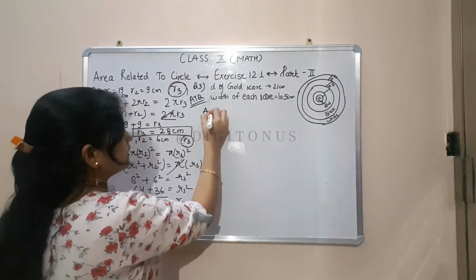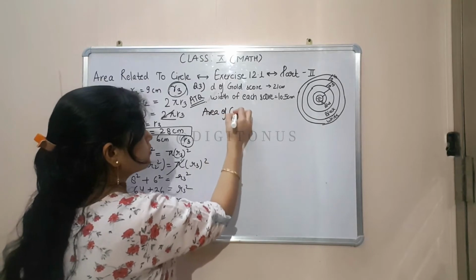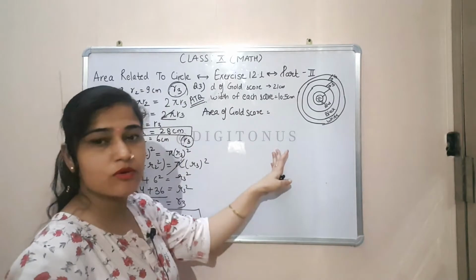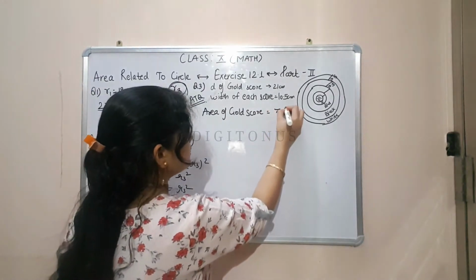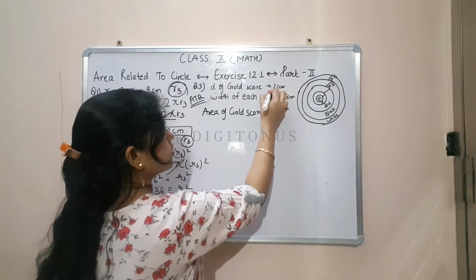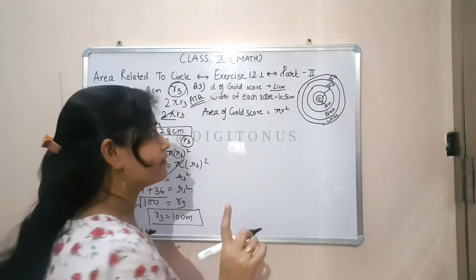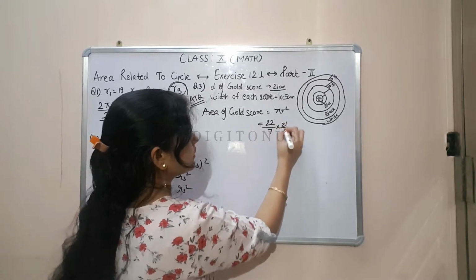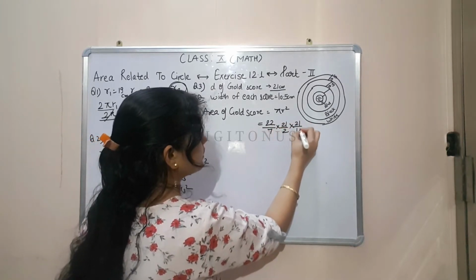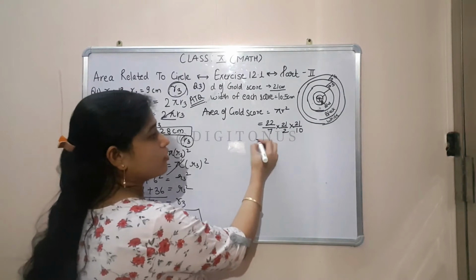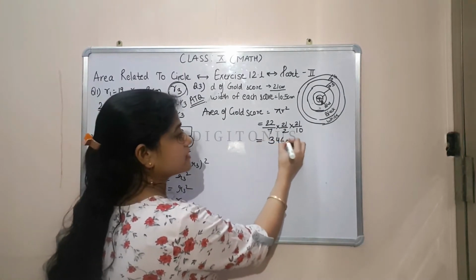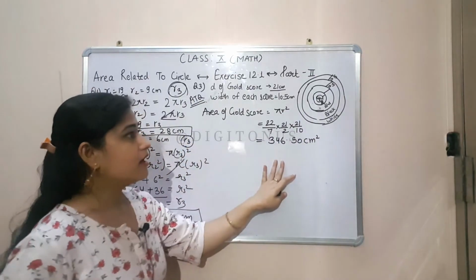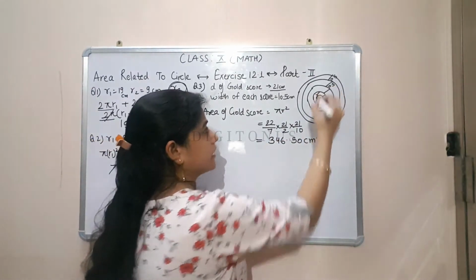So first we write the area of the gold score, and this is in the form of a circle, so pi r square, and r according to this diameter will be 10.5, meaning 21 upon 2. So 22 upon 7 into 21 upon 2 into 21 upon 2. So the area of the gold score will be 346.50 centimeter square.